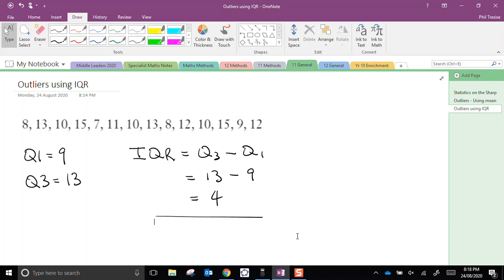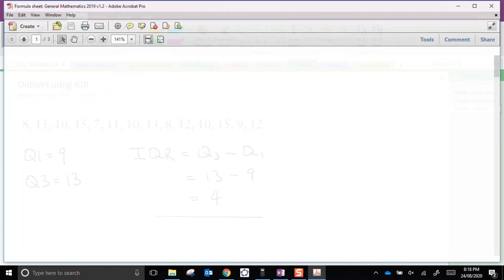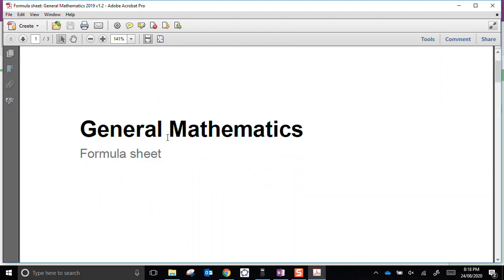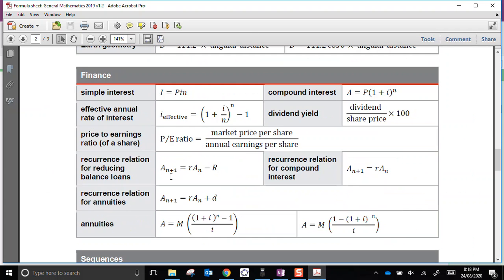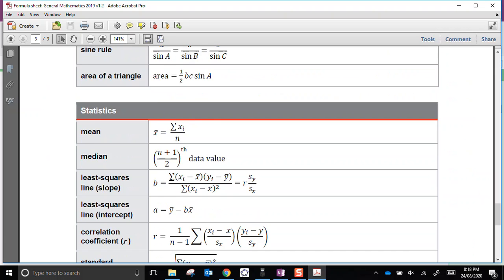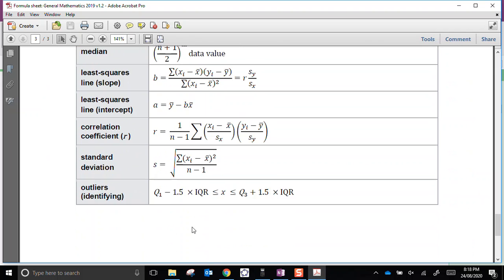Now, this is the part where we need to take a look at our QCAA formula sheet, and I'm just going to get that for us to have a look at, and we'll take a look at the formula for interquartile range. So I'll scroll down to the statistics section. Here it is.